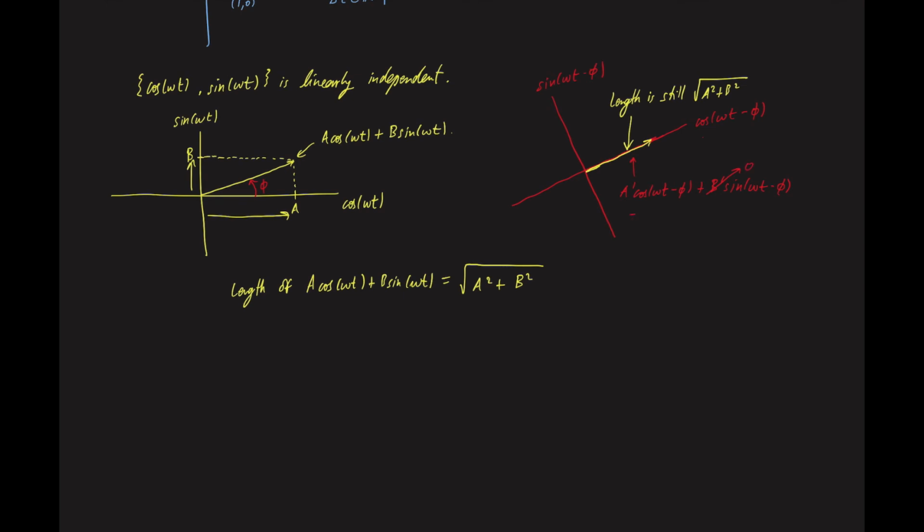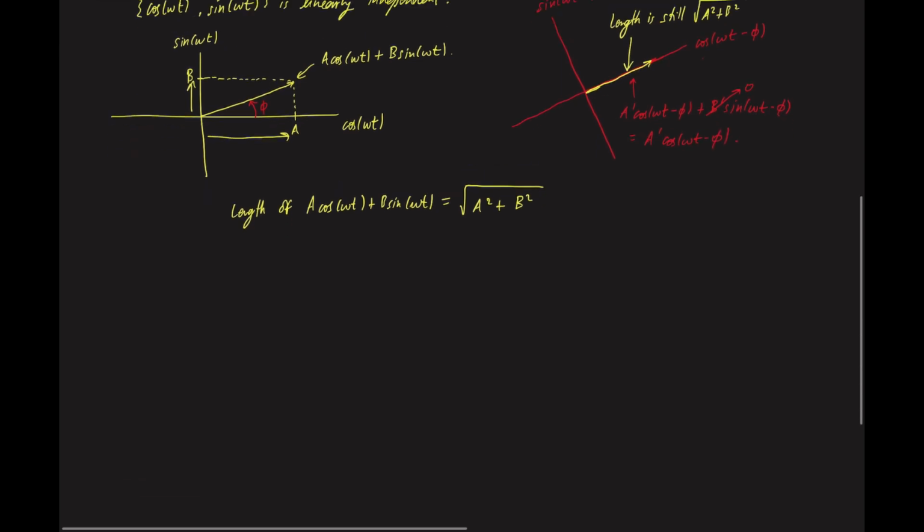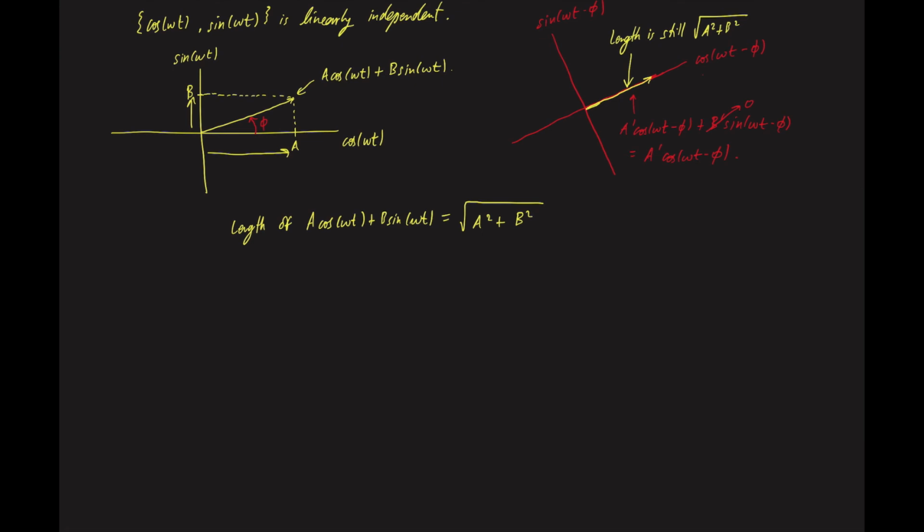So this vector is a prime cosine omega t minus phi, where the length of this vector is a prime. But we know that the length is also the square root of a squared plus b squared. Thus, a prime, the length, is the square root of a squared plus b squared.